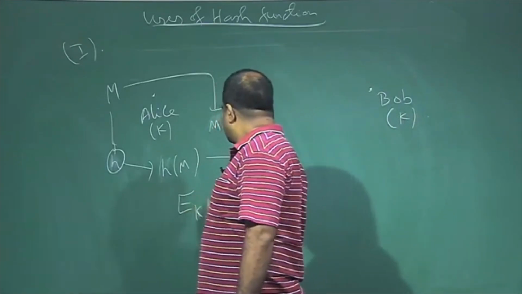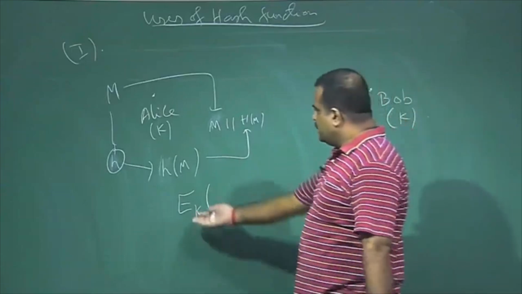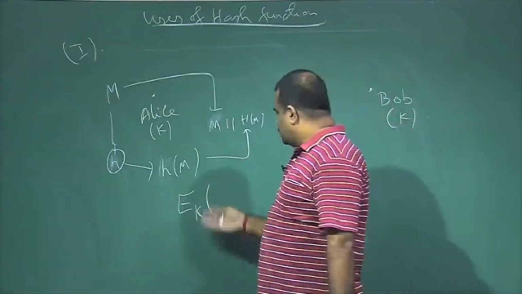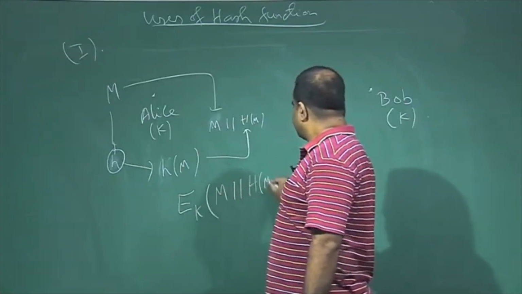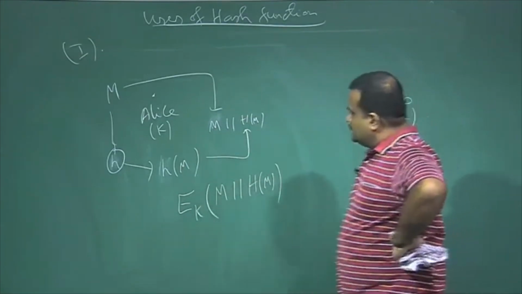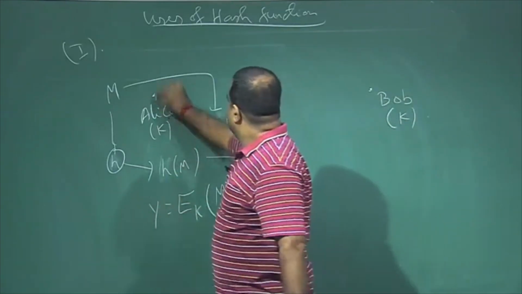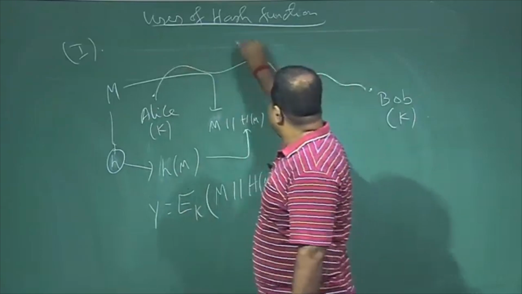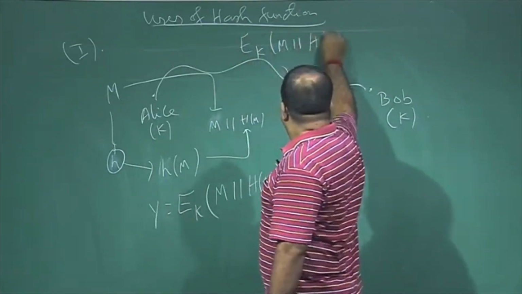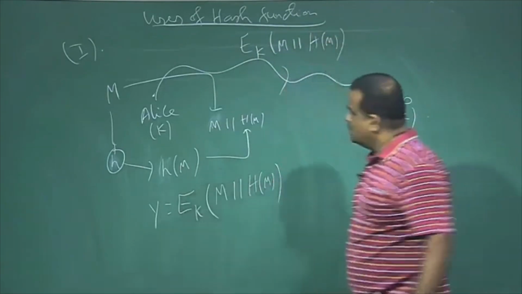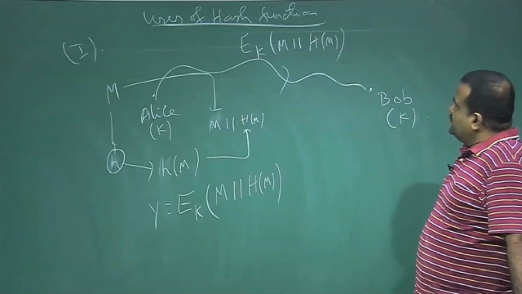This is a symmetric key encryption. It could be a block cipher or stream cipher, it could be DES, AES or any other stream cipher. Anyway, this is the Y. Alice will send this Y to Bob over the public channel. So, basically Alice is sending EK of M, H of M.